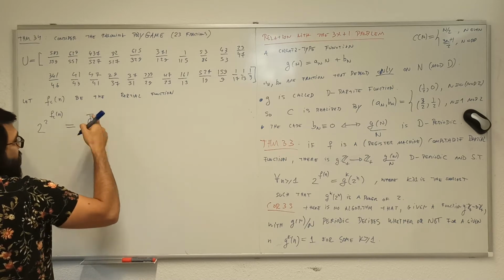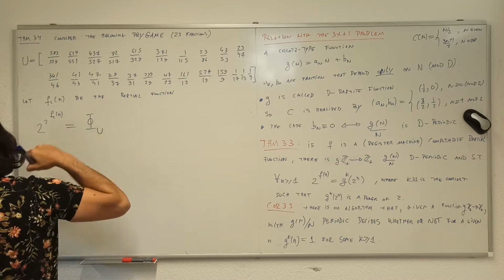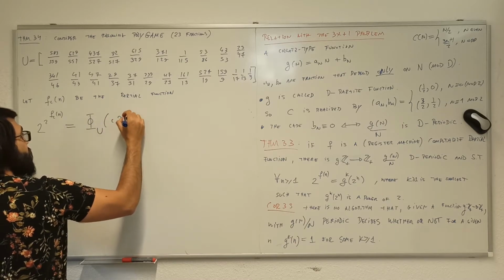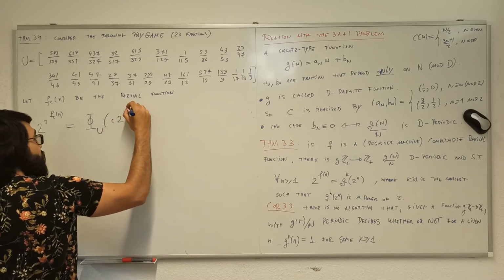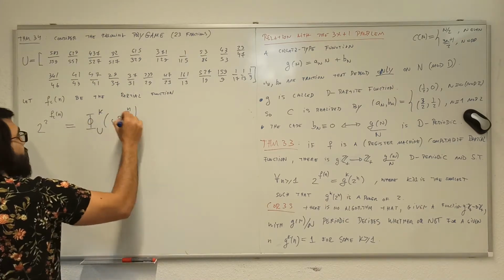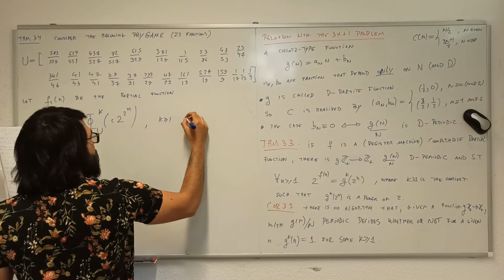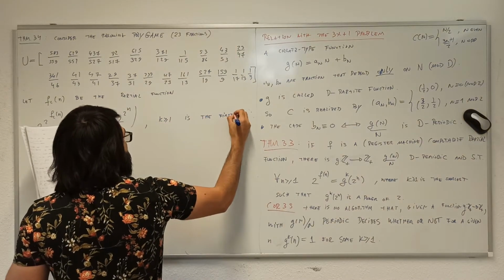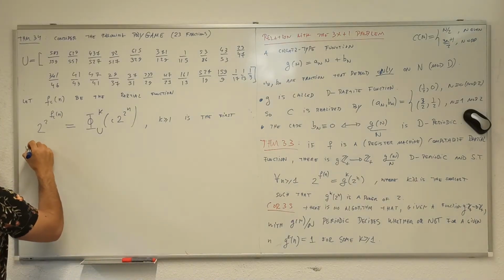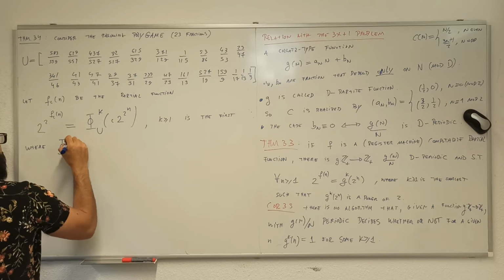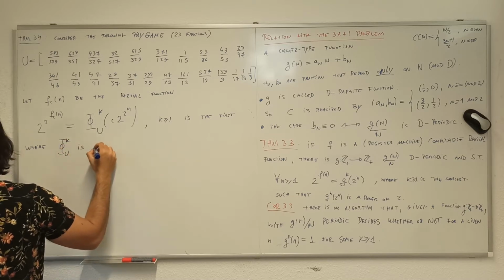So phi comes from the FRACTRAN game played with this set of fractions U, but starting with c times 2 raised to the 2 to the n. Okay, and then there is a k, where k greater than 1 is the first where phi_U of k is the power of 2.